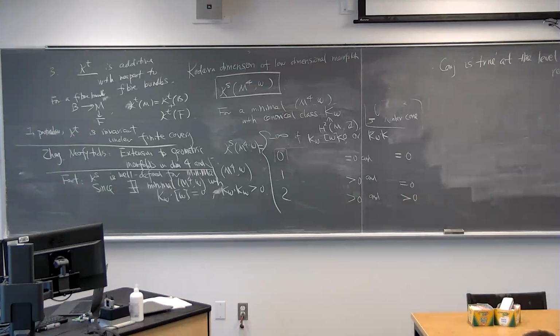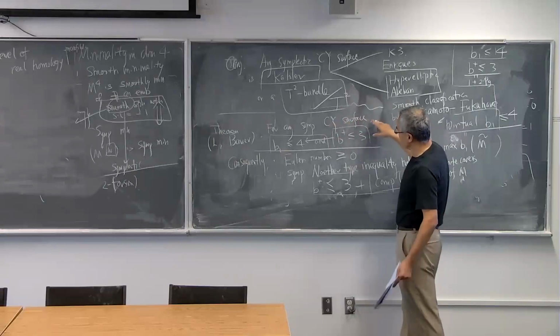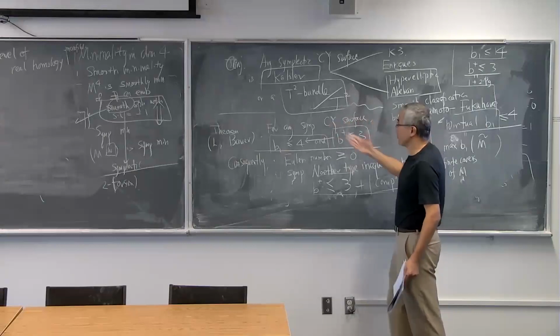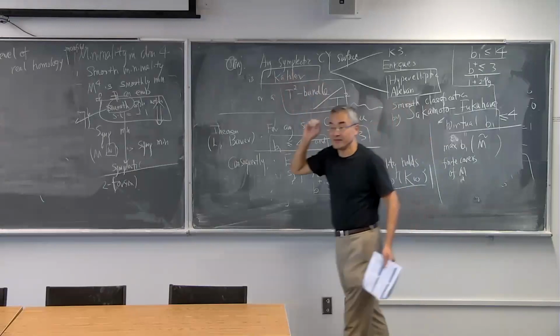Namely, the Betti numbers and the intersection product of a symplectic Calabi-Yau surface agree with the Betti numbers and intersection product of one of the manifolds in the list.